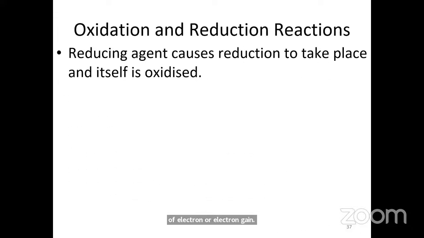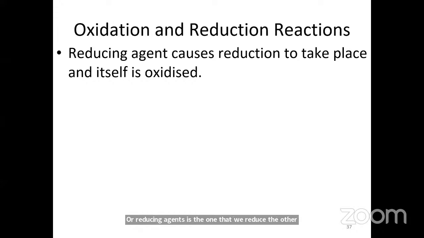Now, we also describe them by what they do. In redox reaction, we have reducing agent and oxidizing agent. Reducing agent is the one that causes reduction, it is the one that will reduce the other party.